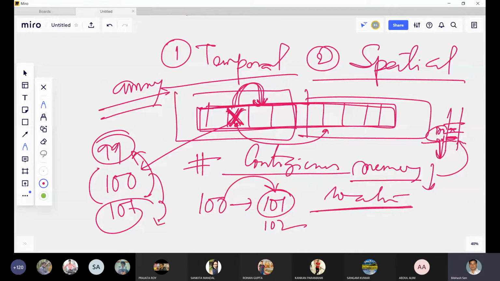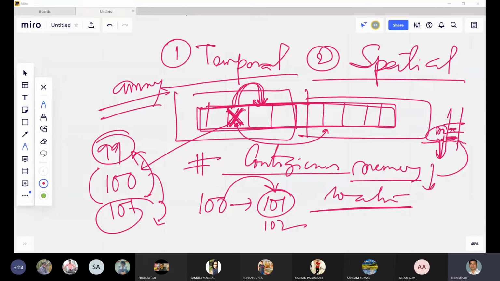It goes for the nearby locations of the currently executing location, not jumping to the last or first. We force the cache to maintain that tendency, and that is called spatial locality reference. Is it clear? Yes, sir. So basically it physically searches the nearest location. Yes, it will search its nearby location.